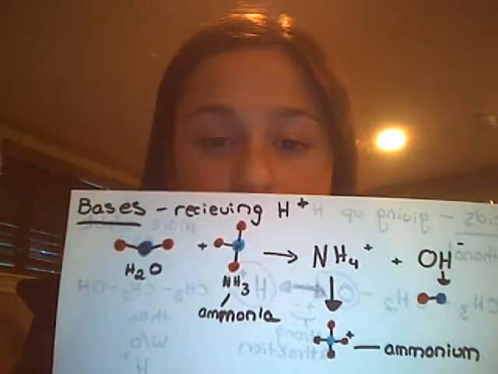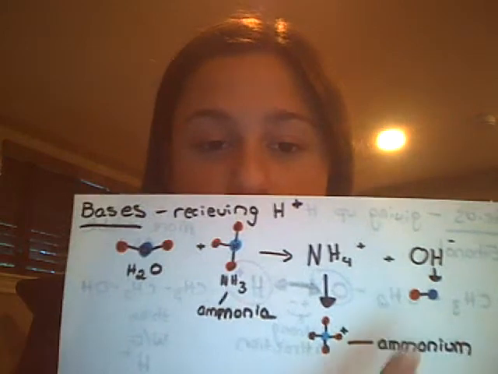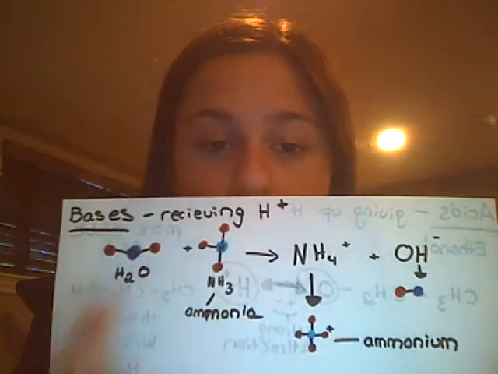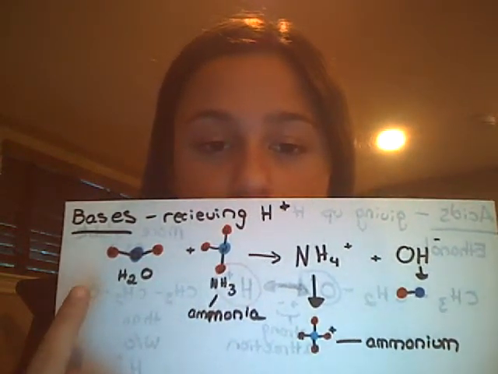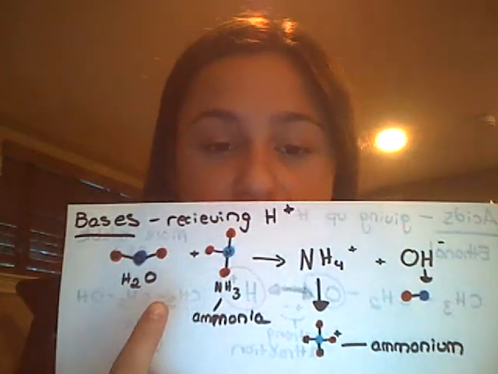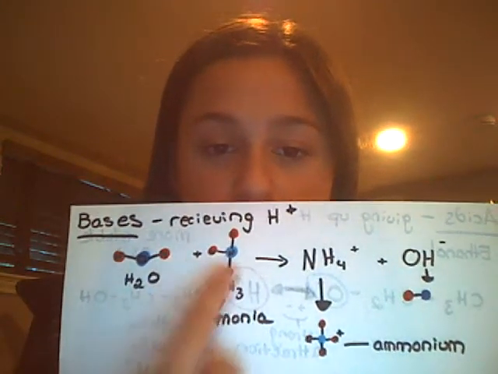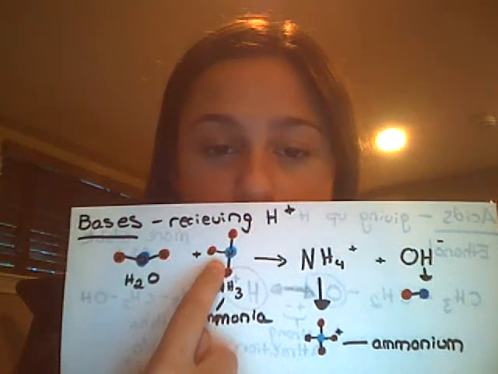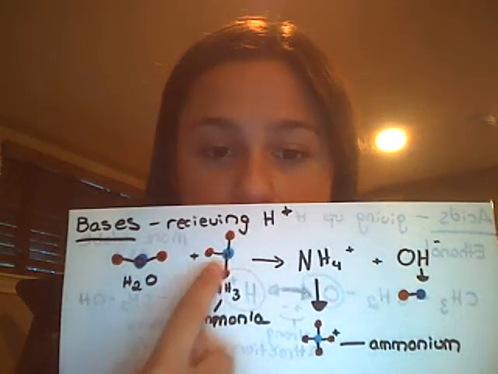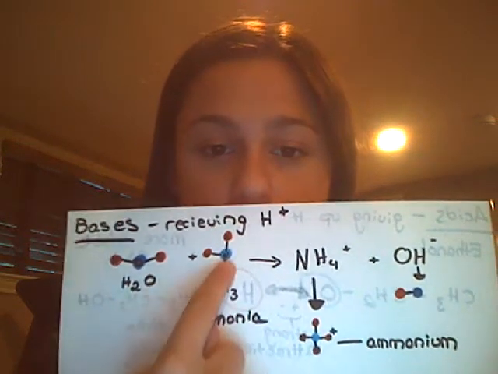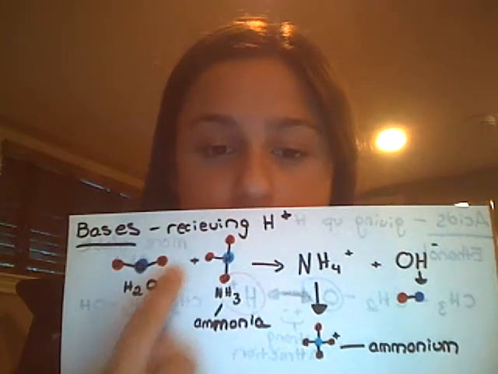So here, in this chemical equation, you can visually see how the H2O combined with ammonia, which is NH3. Here's the structure. The blue is the center, which is nitrogen, and the red are the three H's, the hydrogen.